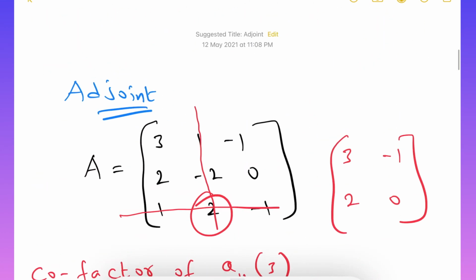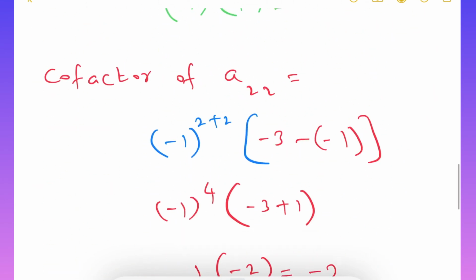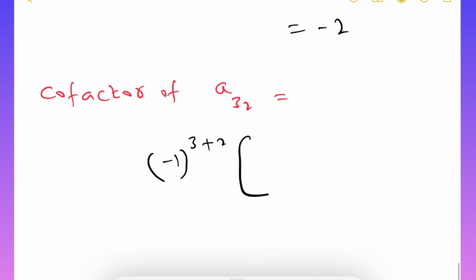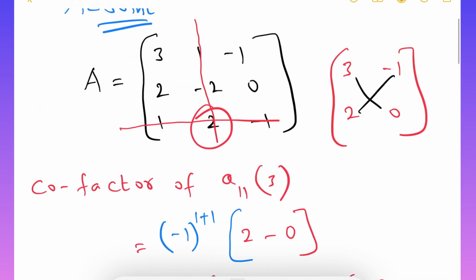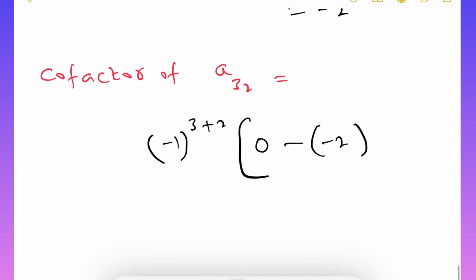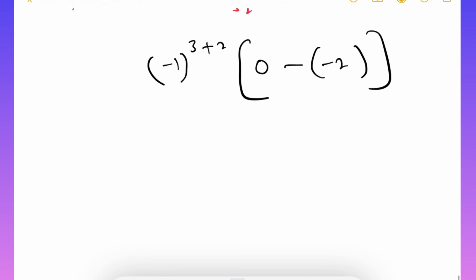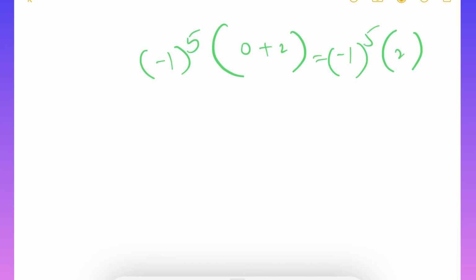For that find out the determinant. 3 into 0, 0, minus 2 into minus 1, minus 2, minus 2. Now if we simplify this further, minus 1 whole power 3 plus 2, 5 into 0 minus into minus plus 2, which gives minus 1 whole power 5 into 0 plus 2 is 2. Minus 1 whole power 5 minus 1 into 2. Minus 1 into 2, nothing but minus 2.